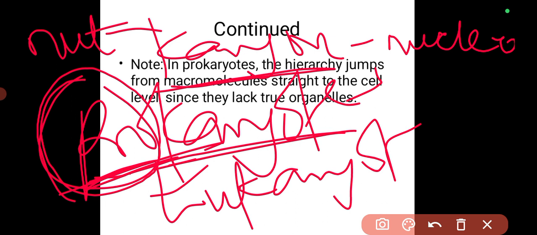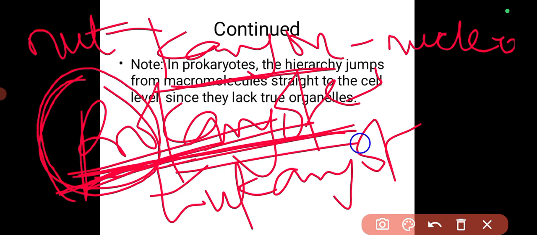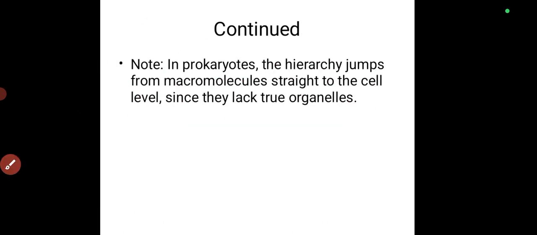Actually, eukaryotes all have membrane-bound organelles. But of course, the word karyon actually means nucleus. And prokaryotes are the ones that have no nucleus. That is, they were the cells that existed before the nucleus was formed. Exactly. So then the eukaryotes are the ones that have a true nucleus.